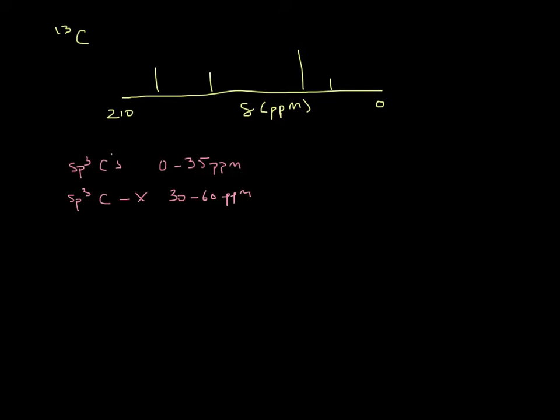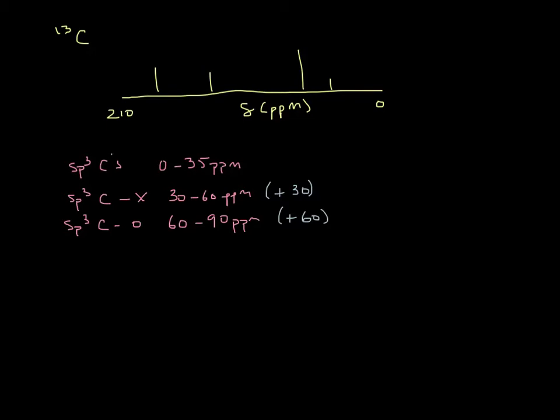So in a way like we did with proton NMR, this is about 30 higher. So it's about 30 ppm higher for a carbon attached to a halogen than for a carbon just attached to hydrogens. An sp3 carbon attached to oxygen is going to be about 60 to 90 ppm, which is approximately 60 higher than normal.